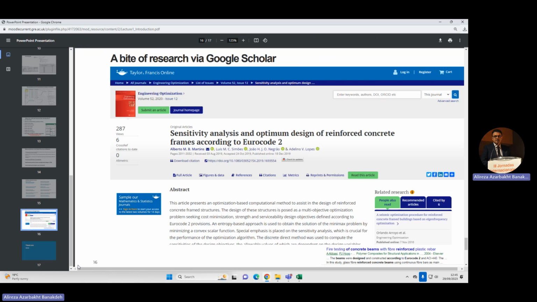Google is for searching for anything, but Google Scholar is specifically for searching for academic papers, books, references, stuff like that. If you're interested in doing research for your final project, for your master's degree maybe after this, for your PhD dissertation, for any sort of other research, you need to go to Google Scholar and search to find relevant papers related to concrete design, and there are lots of these there if you're interested.